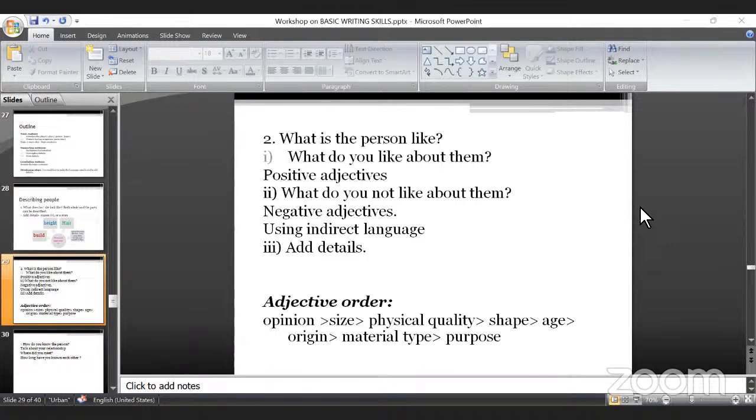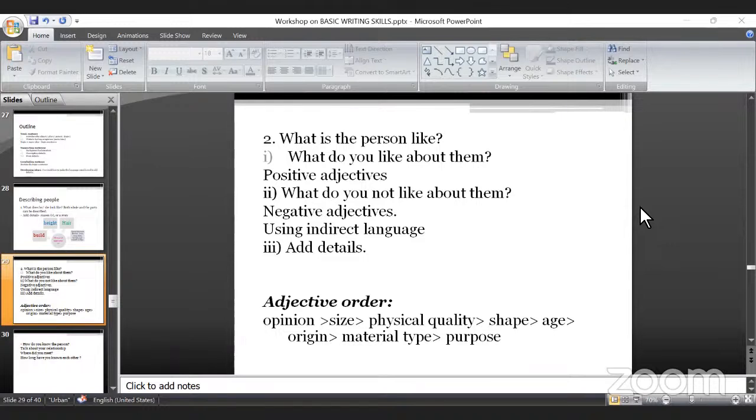So you will have to choose your words carefully in order to neutralize it a bit. Only the tone should reflect that this is a complaint or a grievance you're trying to raise. However, the language itself should not look very straightforwardly negative.